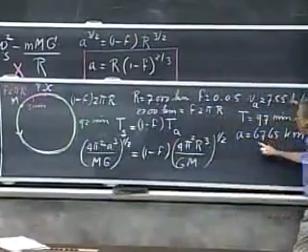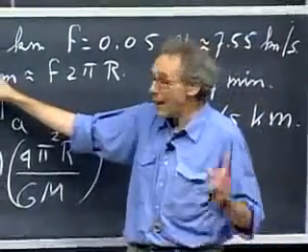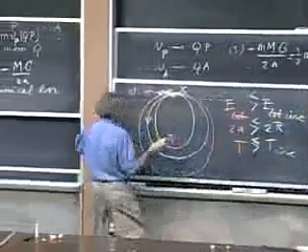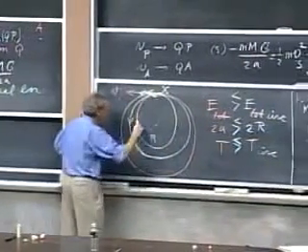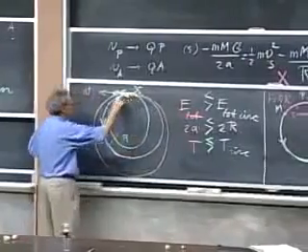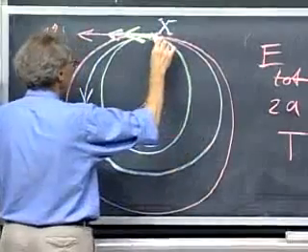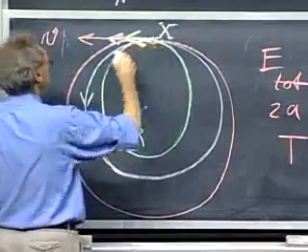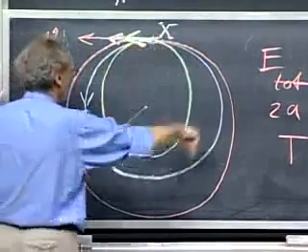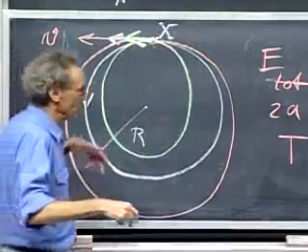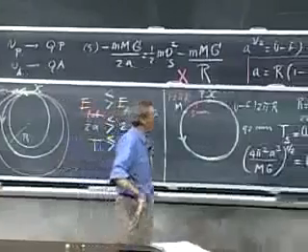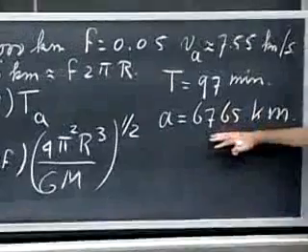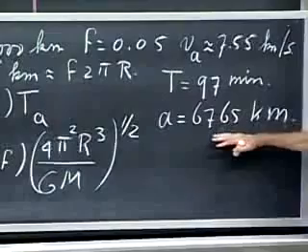Notice that this is smaller than R. It better be, because after the sandwich is thrown, we get a green ellipse. We want this time to go around to be less than the time it takes Peter to go around. And if this time is less, he has to throw the sandwich backwards, and therefore you expect that the semi-major axis will be smaller than R, and it is.